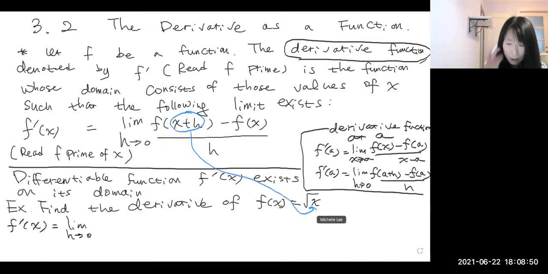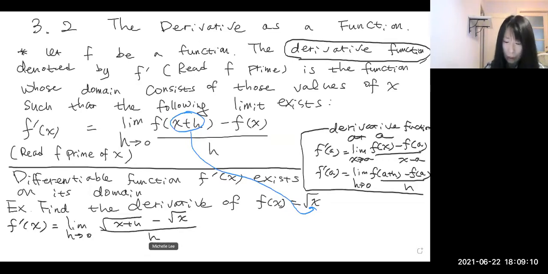Okay, so then that is x plus h in the radical square root. And f of x, we just keep that square root of x over h, all right? Now, do you know what technique, what kind of algebraic technique we are using? I think it might be called the reciprocal.